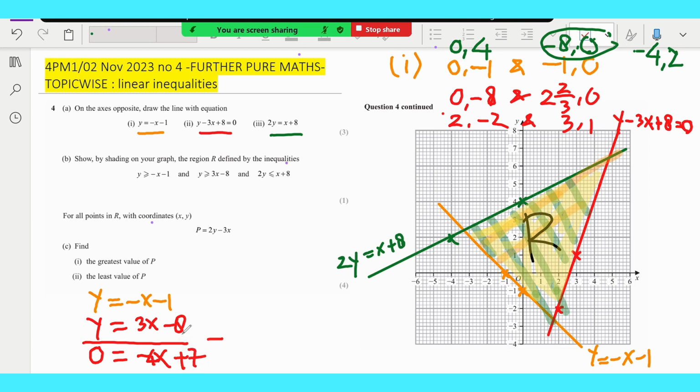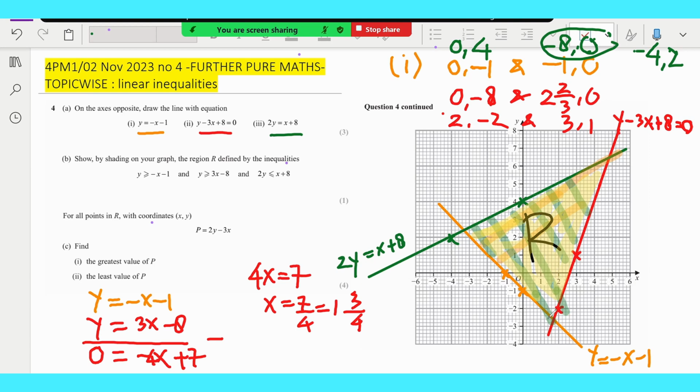So then we can isolate the x. We have 4x equals 7. So I move 4x to the left, it becomes positive. So x equals 7 over 4, or 1 3 over 4, which is this part, 1 3 over 4.